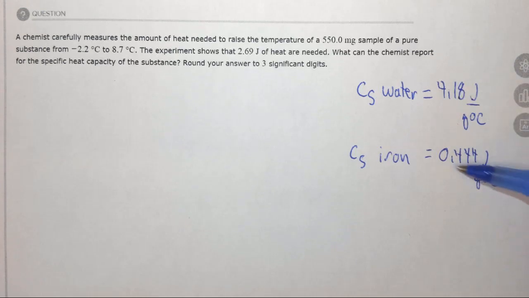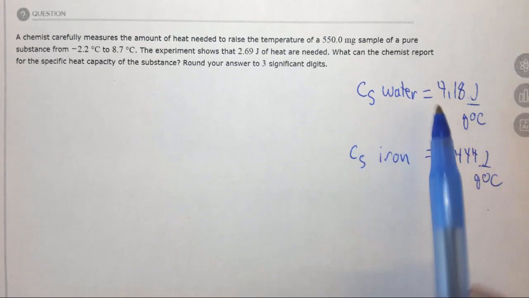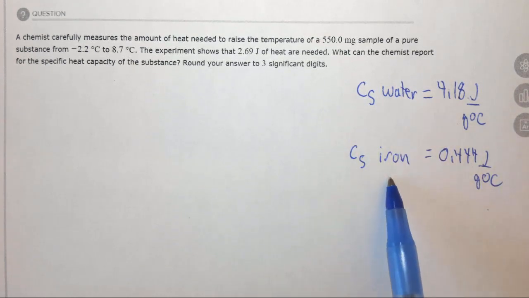This is 4, this is 0.4, approximately 10 times more heat for a 1 degree Celsius change as compared to iron. These are experimental values and they're intrinsic to different materials. In this case, I give you water and iron.